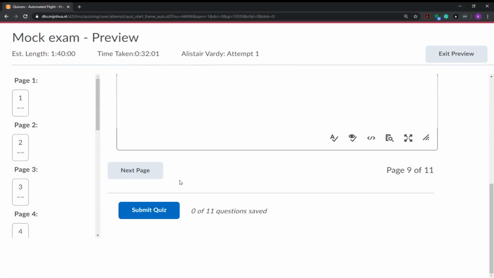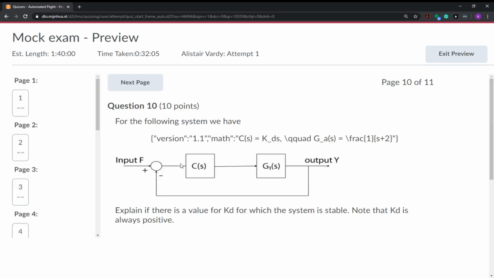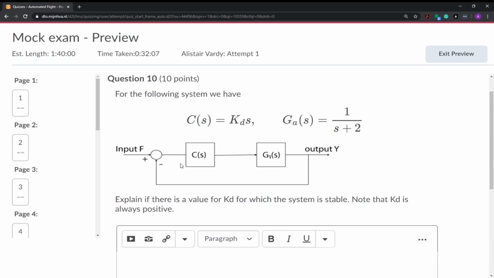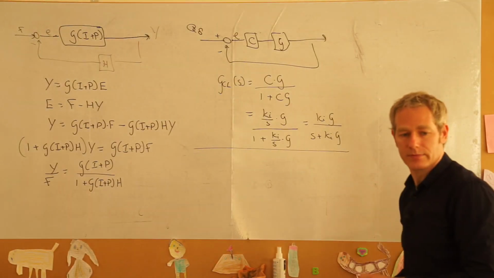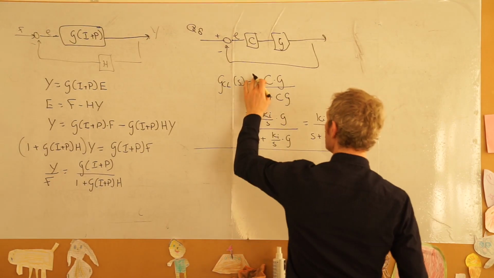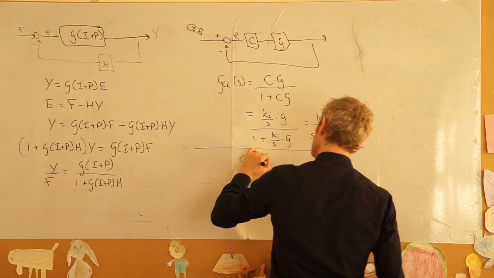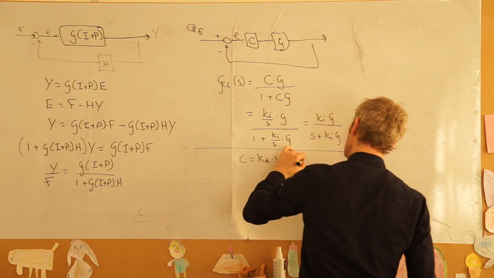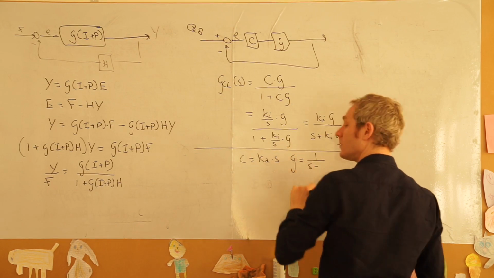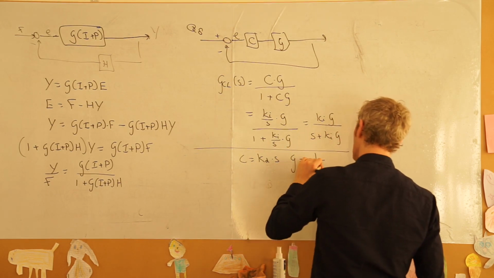So going to the next question, here we have a different controller, but we also have a value for the plant. And we basically use the same thing here, where we have C is Kd times S, and G is equal to 1 over S plus 2.